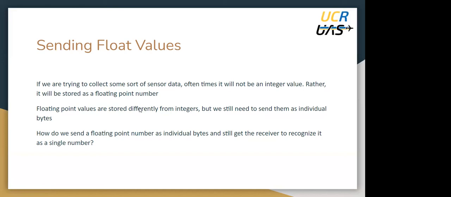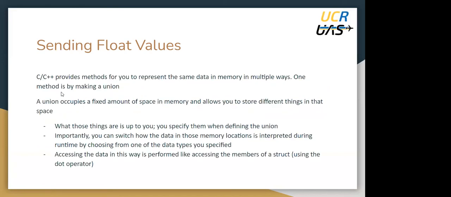as a single number? Well, the C or C++ programming language basically both provide methods for you to represent the same data in memory in multiple ways. One of those methods is by creating a union, and a union occupies a fixed amount of space in memory and allows you to store different things in that space.